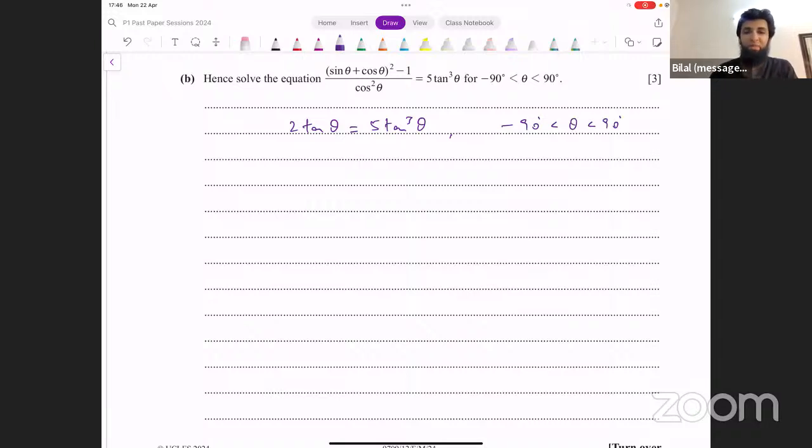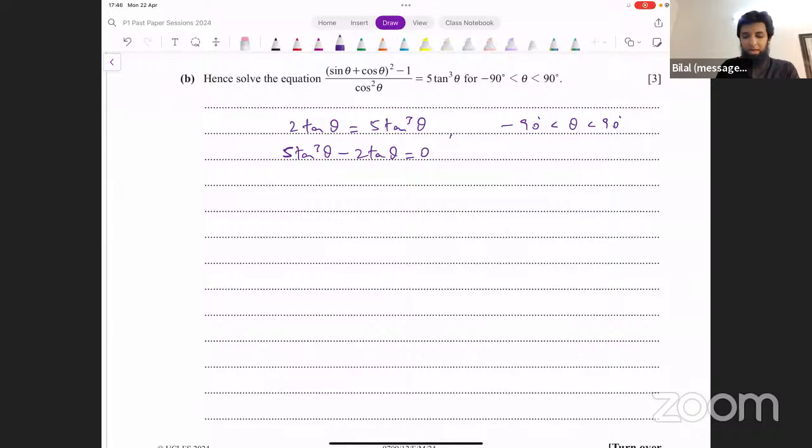Now, do not divide by tan theta, because what if tan was 0? So division by tan is not allowed. The proper way of doing this would be to take 2 tan theta to the other side so that it becomes 5 tan cubed theta minus 2 tan theta equal to 0.